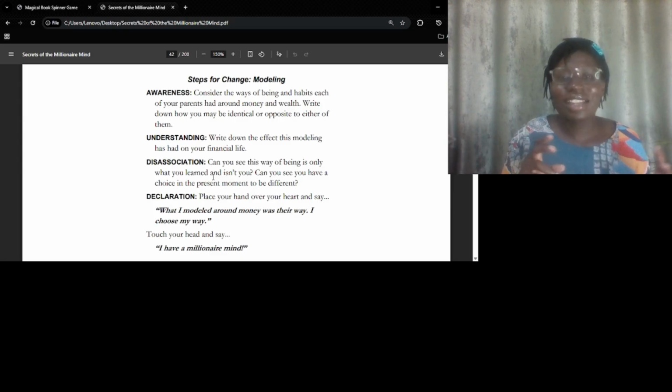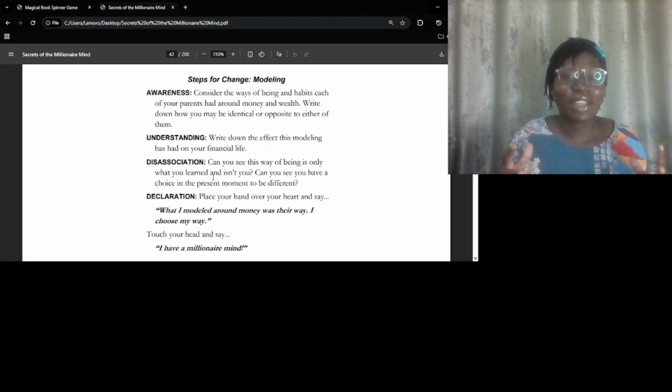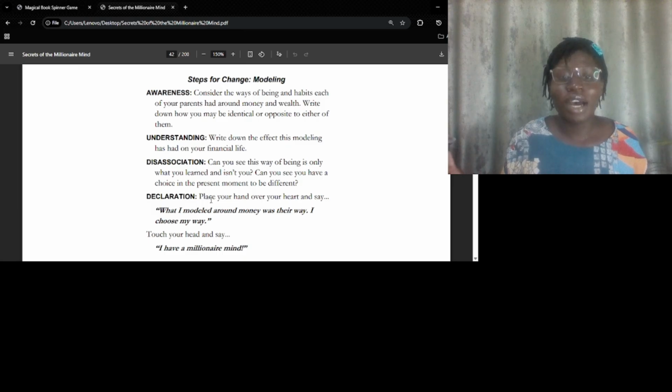But in that instance where you are being told, do not stay with them, they have weird ways of getting money, it actually shapes your financial behavior or character later in the future.